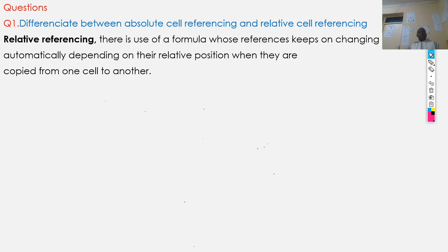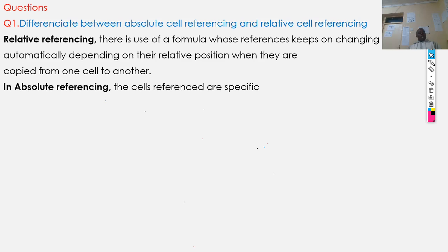That is, if you copy to another cell, it will change to fit into the current location that you have copied into. That is relative referencing.